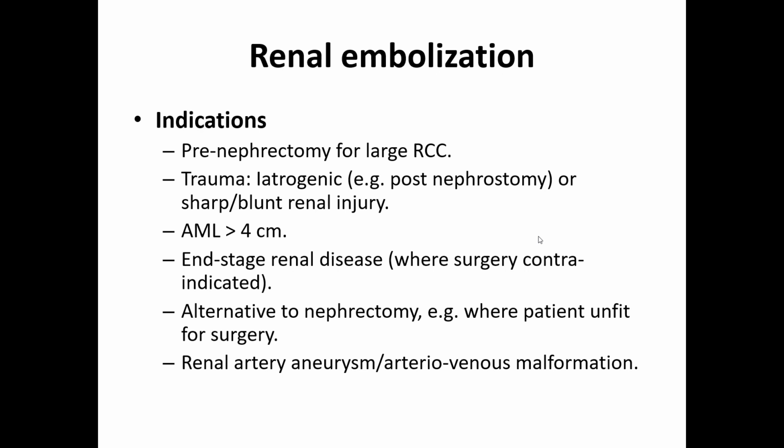Also in big angiomyolipoma, a bleeding angiomyolipoma, and in end-stage renal disease where surgery is contraindicated, as an alternative to nephrectomy in unfit patients. Once you do embolization, the patient will start to have auto-nephrectomy, which means the kidney decreases in size and will shrink.